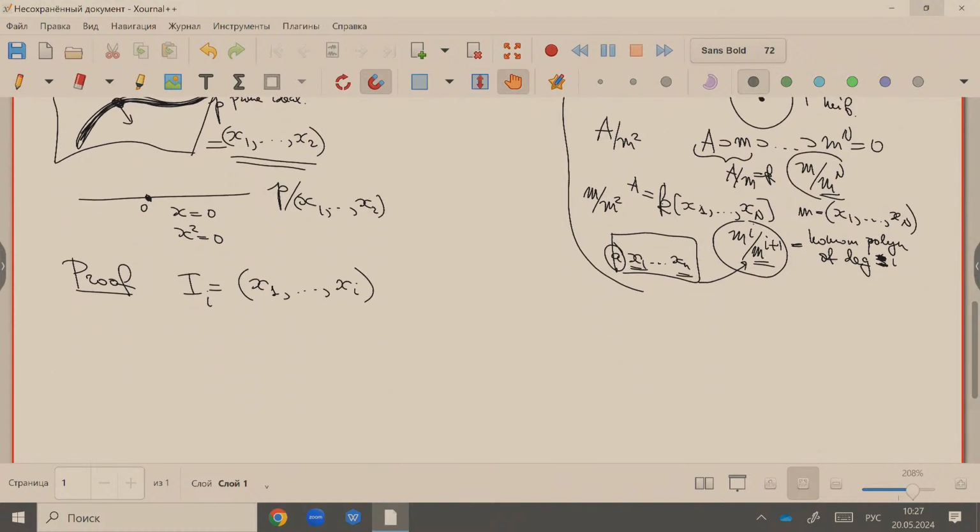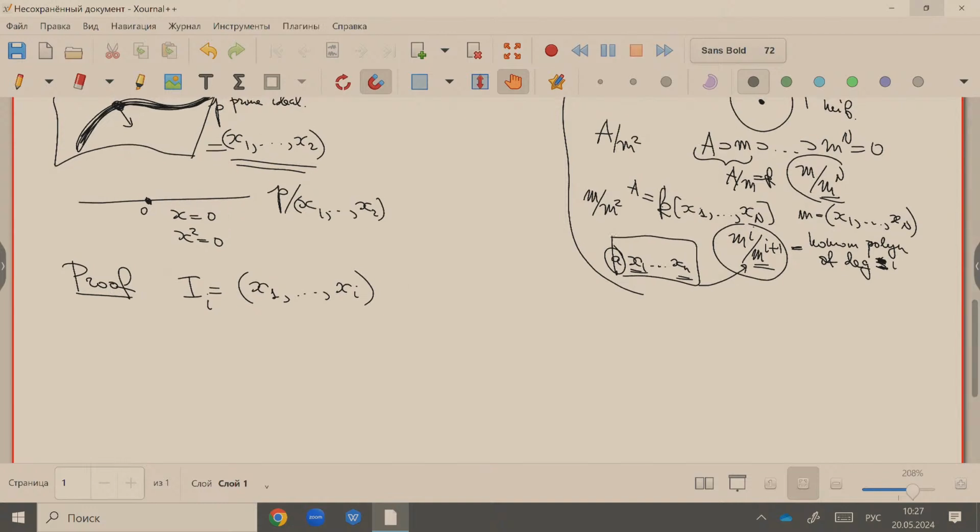Our aim is to construct this sequence, and we shall do the induction by codimension.